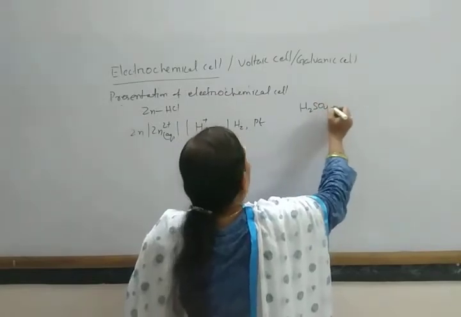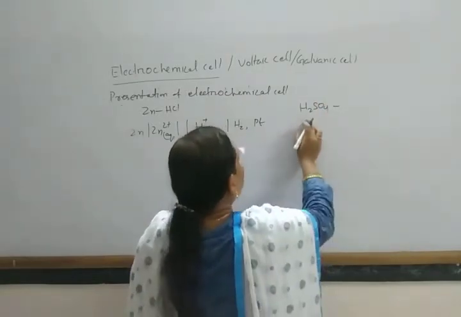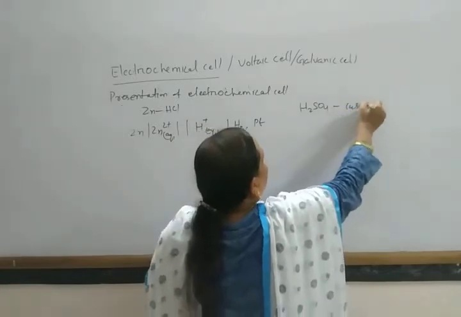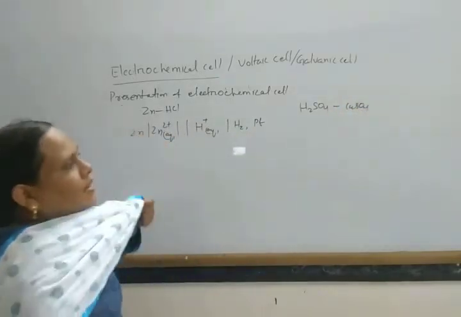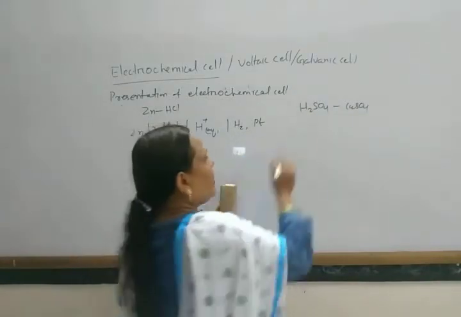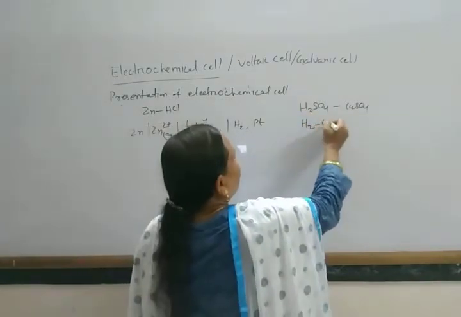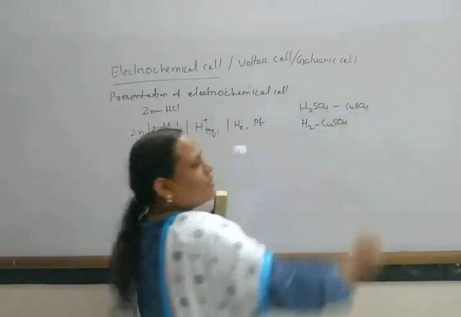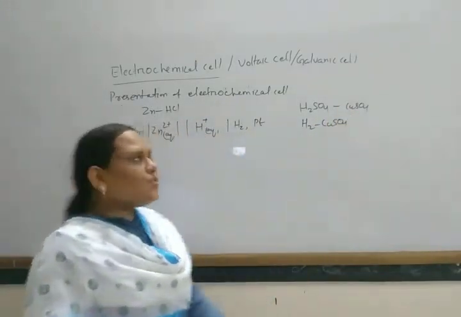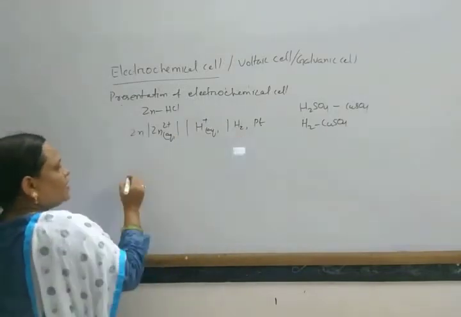Suppose one case has H2SO4 as electrolyte, and another case is the copper sulfate system. Suppose one contains electrolyte H2SO4 and copper and hydrogen electrode. So in this case, the hydrogen copper sulfate system, how to write this?